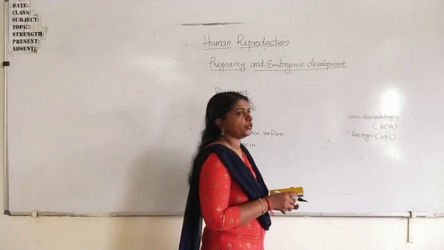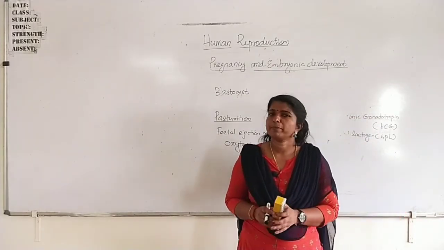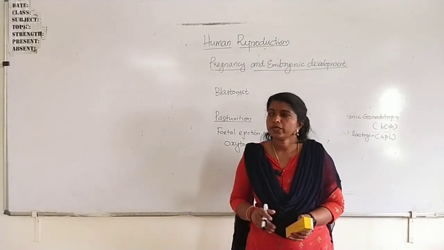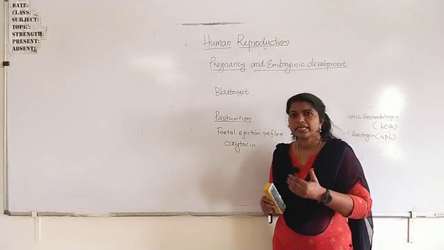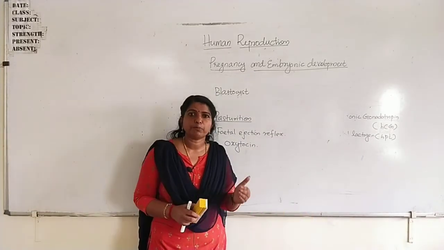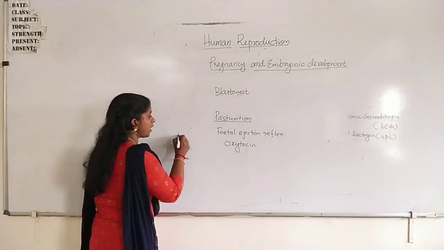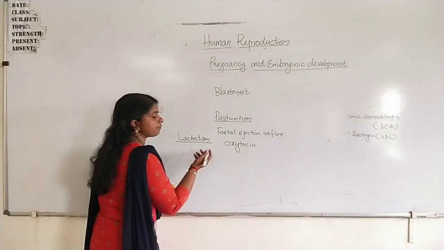And I told you, mammary glands are also a part of the female reproductive system. So here, during pregnancy, mammary gland cells undergo differentiation, and in the later stages, they produce milk, and that process is known as lactation. Okay.